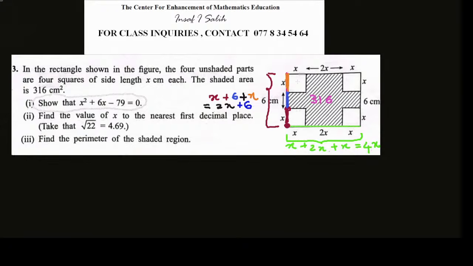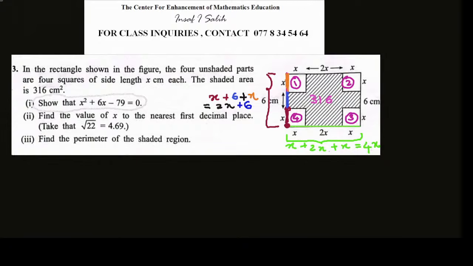Let me label the square with, let me put number 1, number 2. There are 4 squares, and we have been told all of these squares are congruent, identical to each other. So what's the area of square number 1, the empty square number 1?